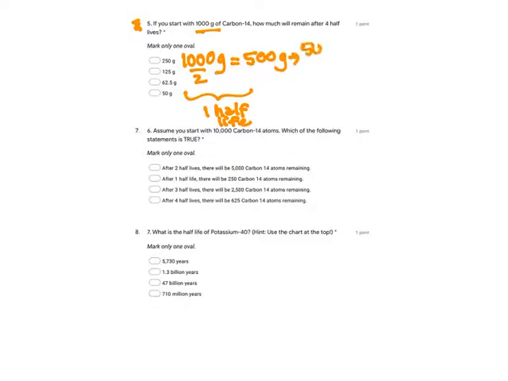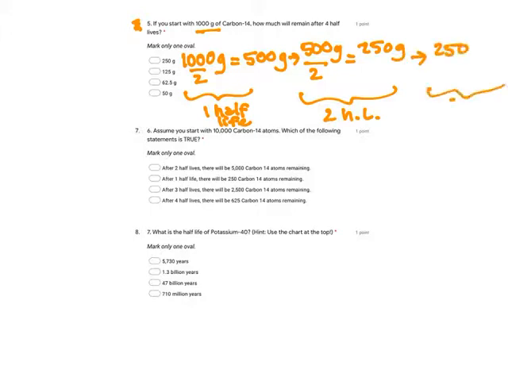We're going to divide it by 2 to figure out how much is left after the second half-life. So 500 divided by 2 would be 250 grams after 2 half-lives. We're going to divide it again to figure out how much would be left after 3 half-lives.